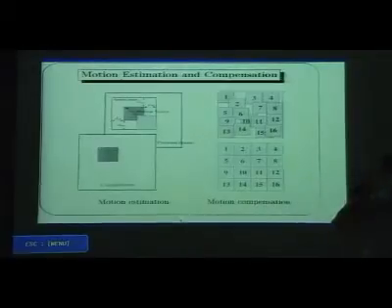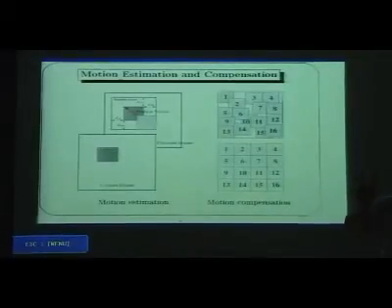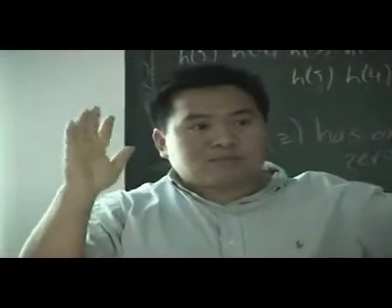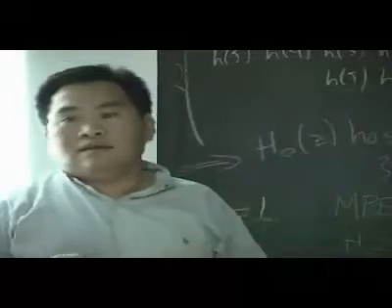What is the compression ratio? 128. Right? So if you can predict perfectly, you can achieve 128 to 1 compression. There's no way you can do it perfectly, right? So there's some error. Okay?